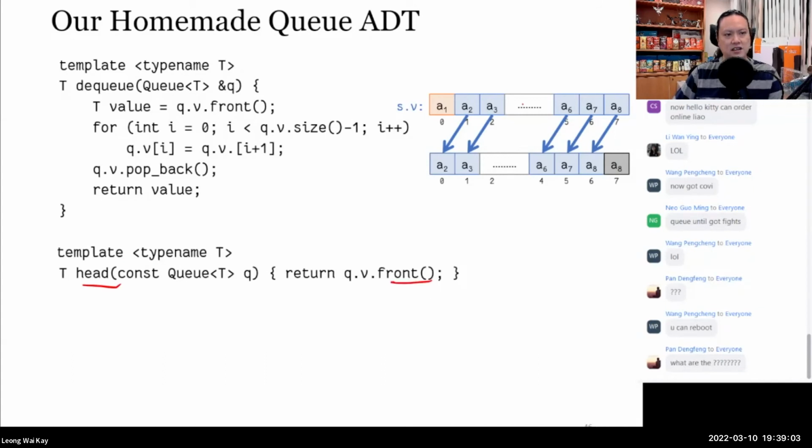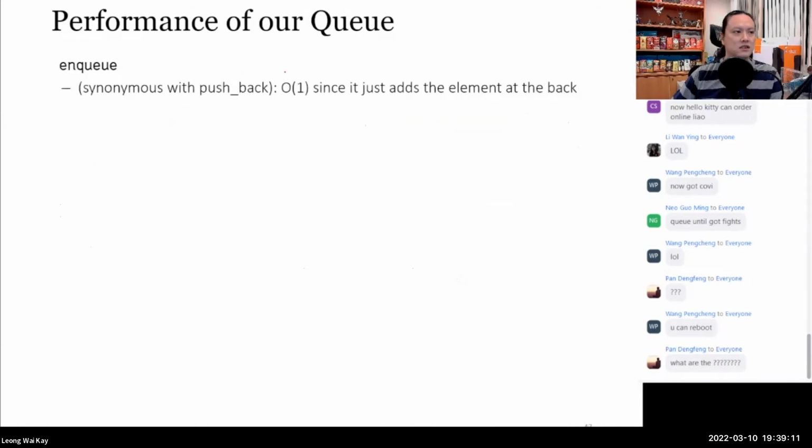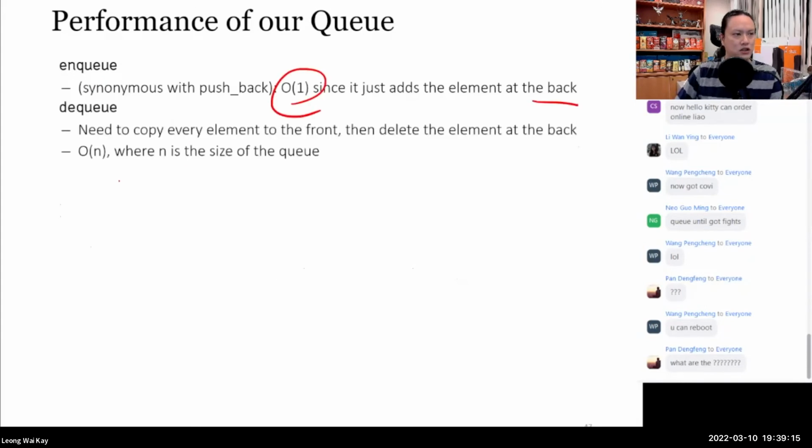So this process, as I mentioned earlier, takes time to go down to move and copy everything up. So NQ is O(1) because you push to the back, but DQ now is O(N), N the size of Q. If your Q has 1,000 elements, you remove the first item, everyone must move down. It's like those seats, queuing seats, for example at the barber.